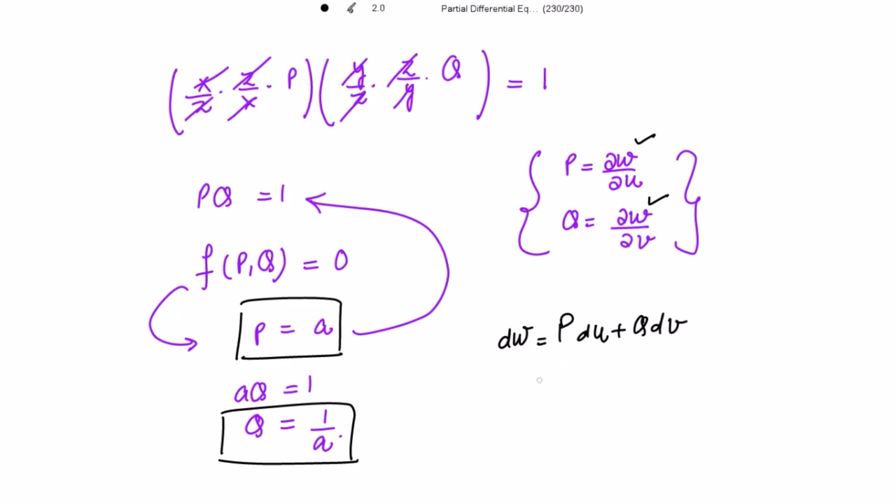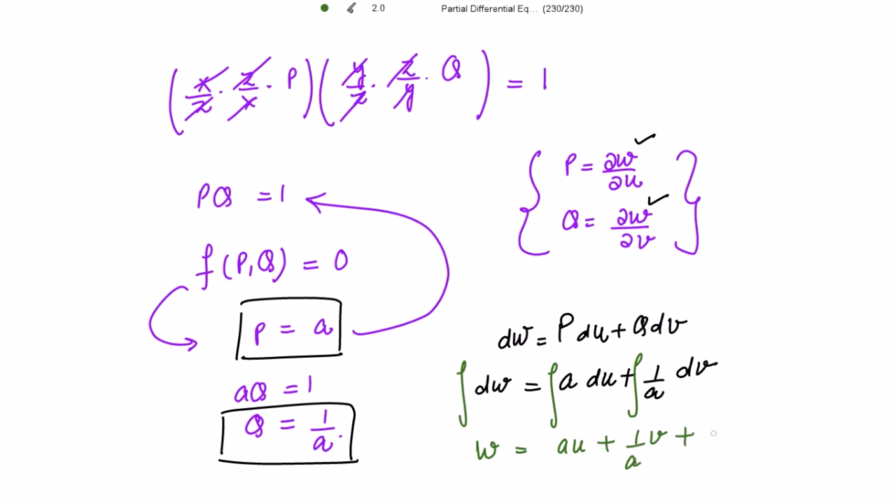So dw is equal to, what is capital P? It is a du plus capital Q, which is 1 divided by a, dv. So when integrating both the sides, we get w equal to au plus 1 divided by a times v plus a constant, let's say b.